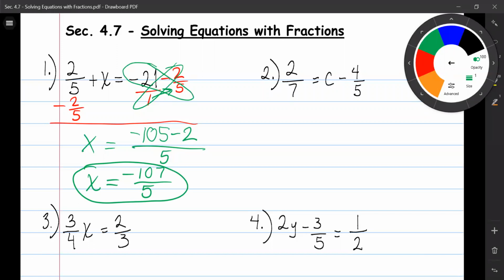All right. Number 2, we need to add 4/5 to both sides.